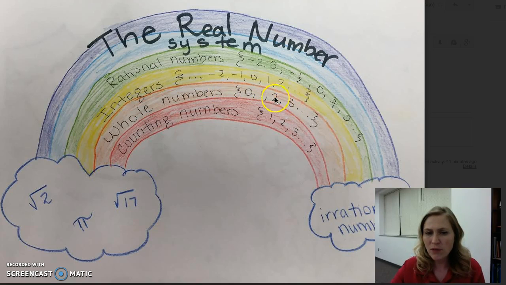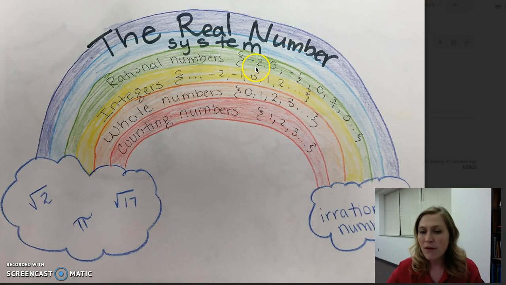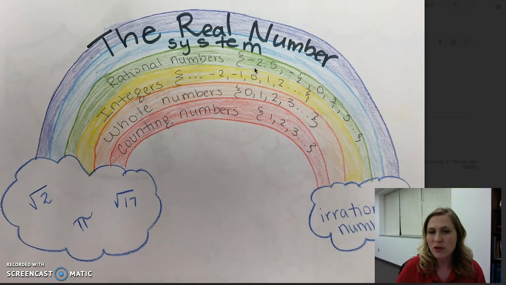So I have all these counting numbers, but I've grown a little bit bigger, and now I also have the number 0, so my whole numbers. And then my integers, so these include all of my whole numbers, and then all of the opposites of my counting numbers. And then I have my rational numbers. So these are all of my negative numbers that can be made into a fraction of two integers.